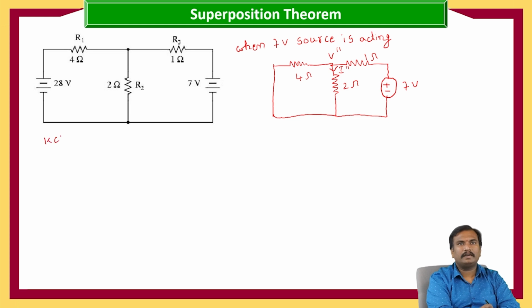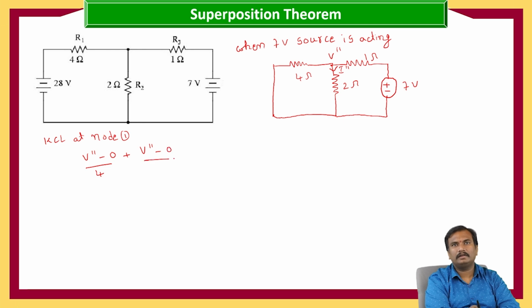Now if we write the KCL at node 1, V double dash minus 0 by 4 plus V double dash minus 0 by 2 plus V double dash minus 7 by 1, which is equal to 0.